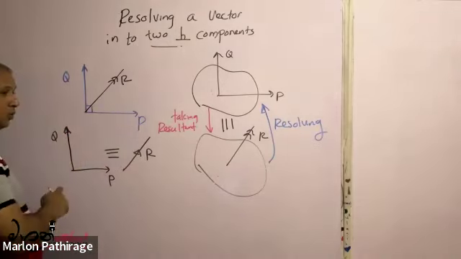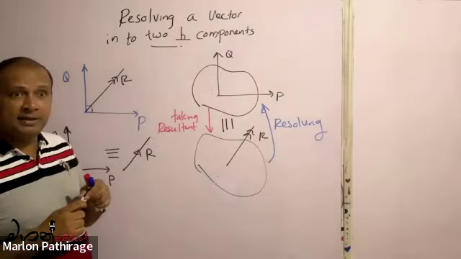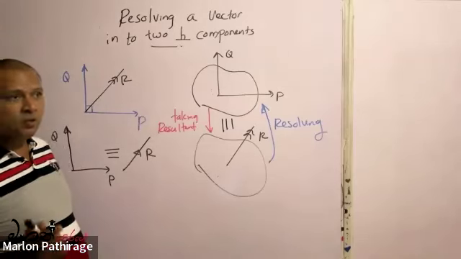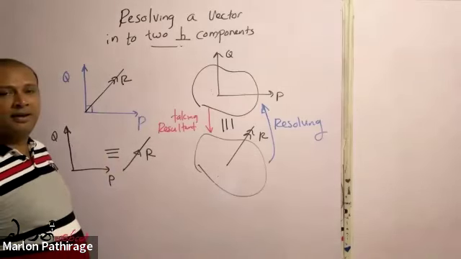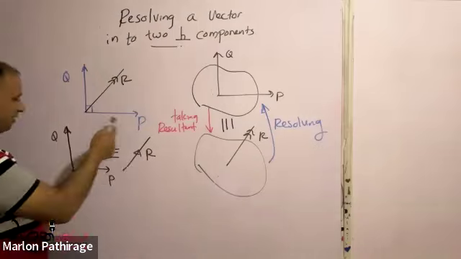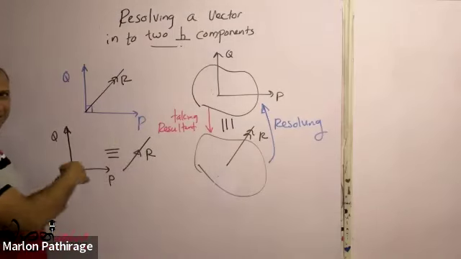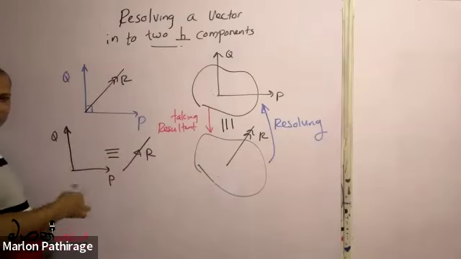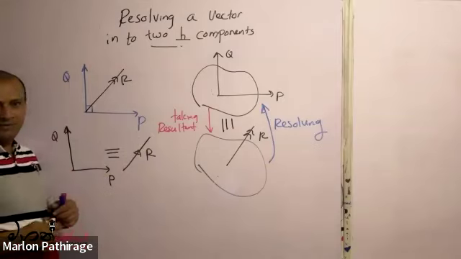But if you want to get forces in some specific directions, then you have to use the backward method. That means you have to resolve this single force into two perpendicular forces.